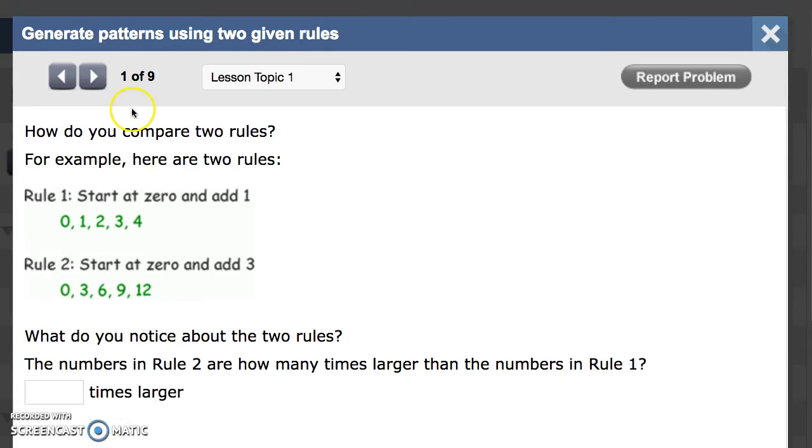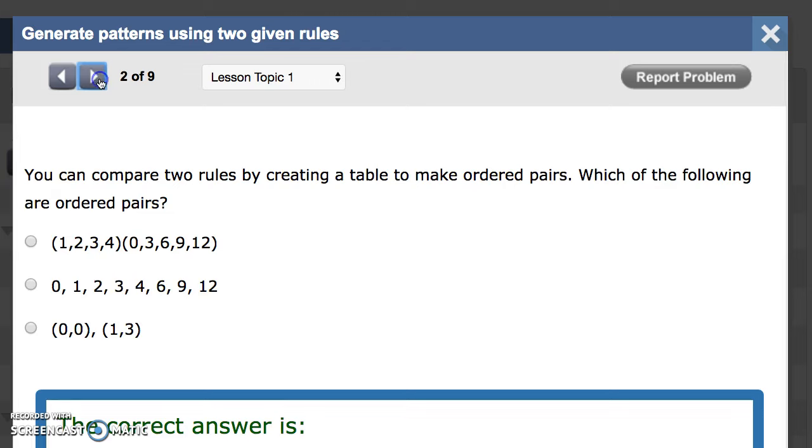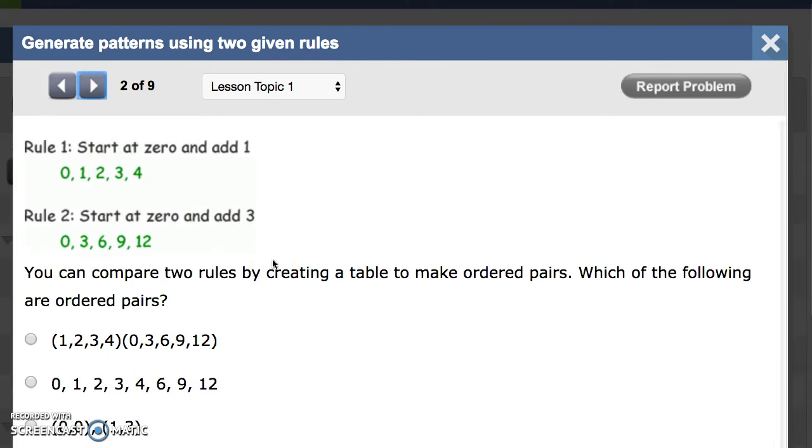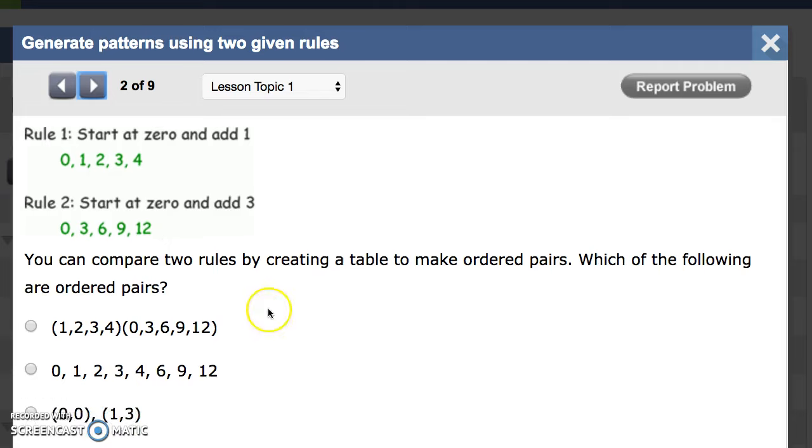Okay, let's do another one. The rules are still the same. This time we're comparing using ordered pairs. Which of the following are ordered pairs?